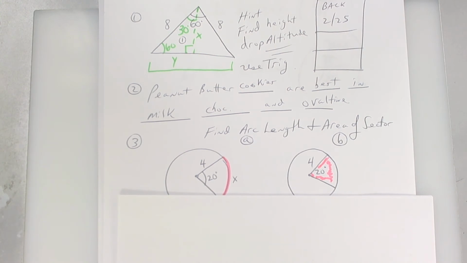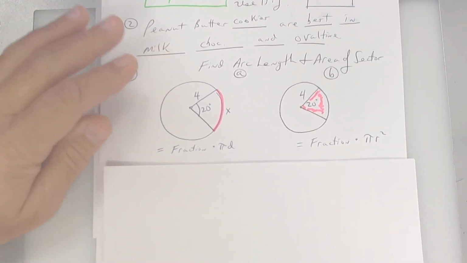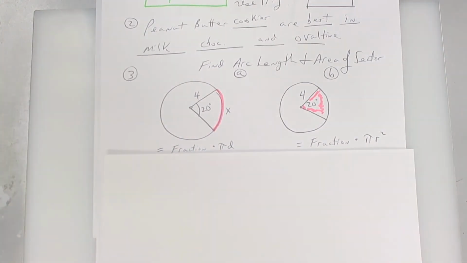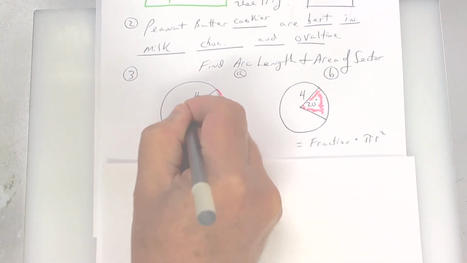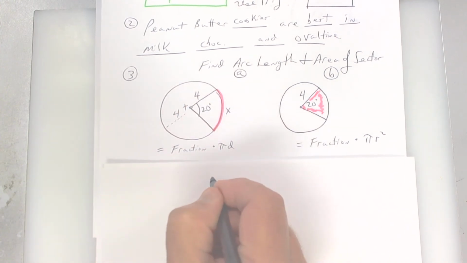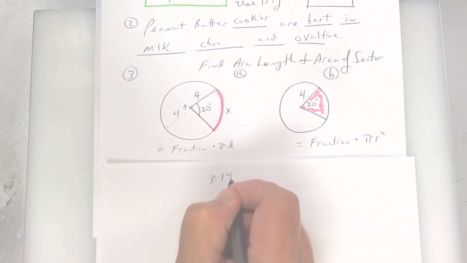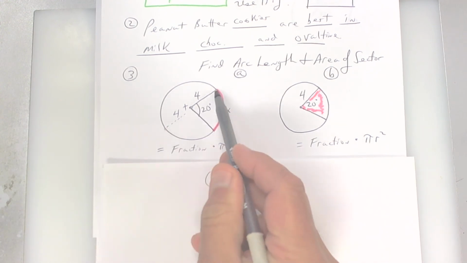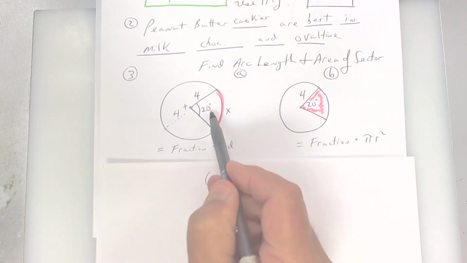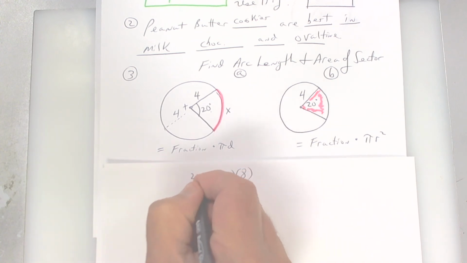There it is. Okay, this right here, you want to find the length of this. The whole thing is pi times diameter. So the diameter here is 4 plus 4, which gives you 8. So it's going to be pi times the diameter, which is 8, from here to here. And then the fraction is 20 degrees out of 360 degrees.